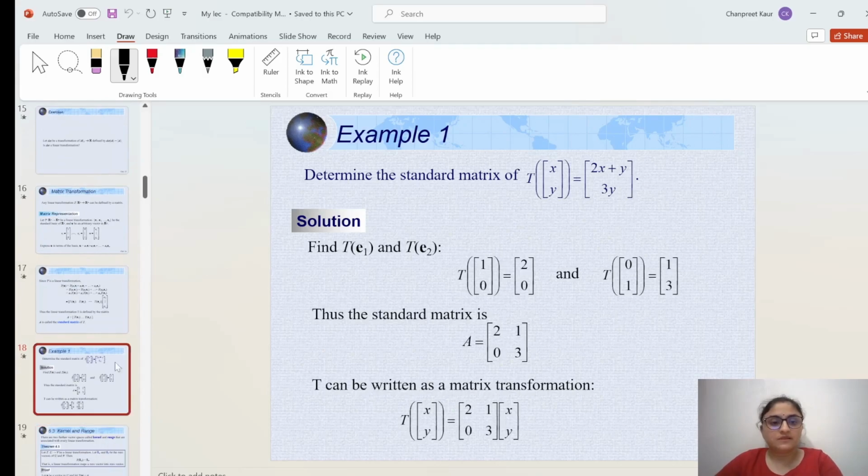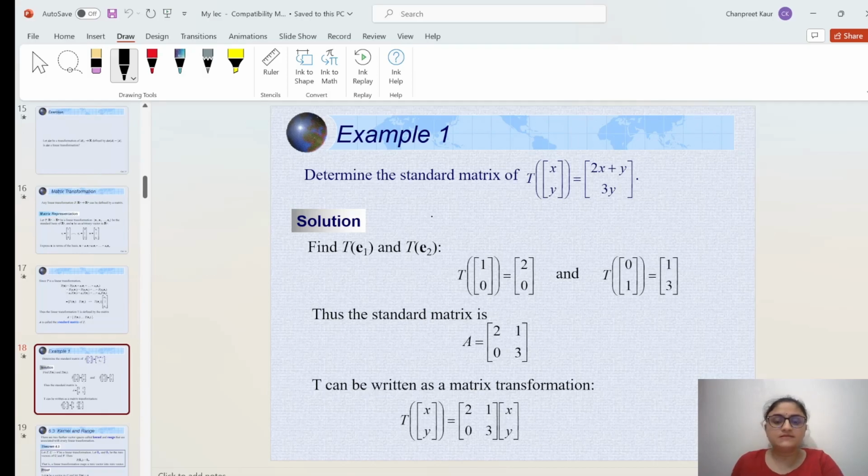Let's have an example to evaluate the standard matrix for a linear transformation. Suppose T(x, y) is defined as T(x, y) equals (2x plus y, 3y). First of all, we'll evaluate the action of T on the standard basis elements e1 and e2.